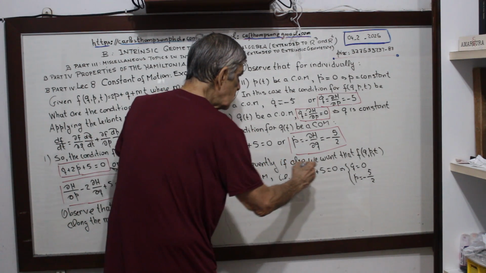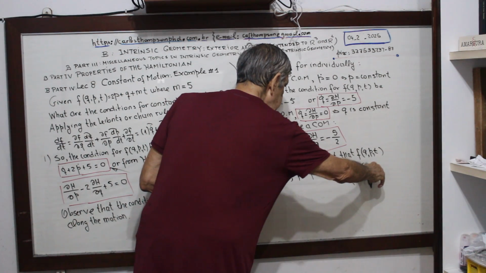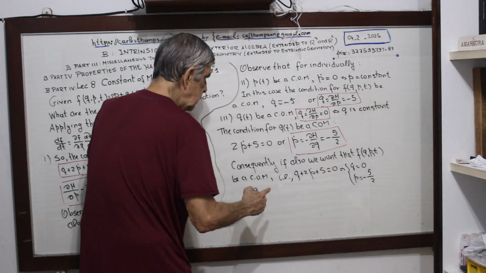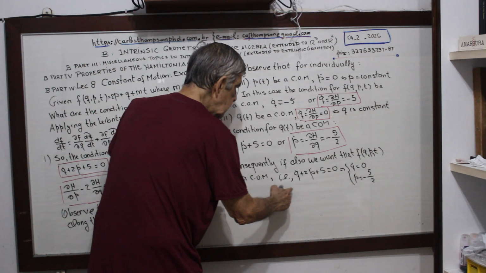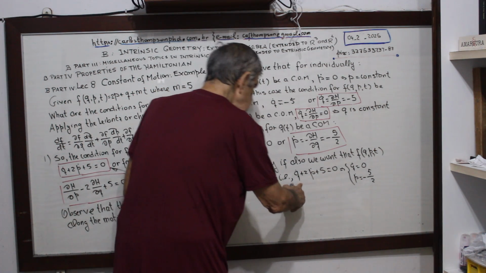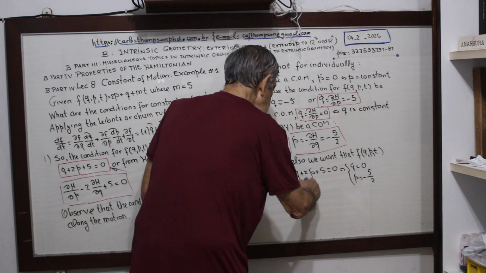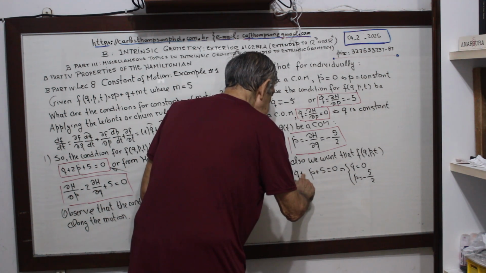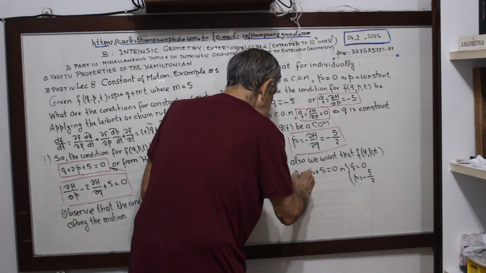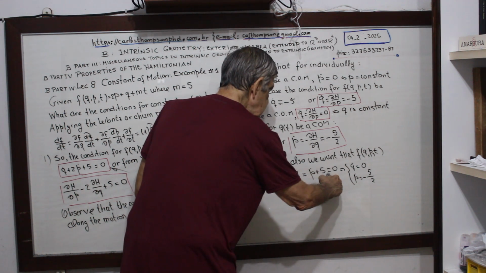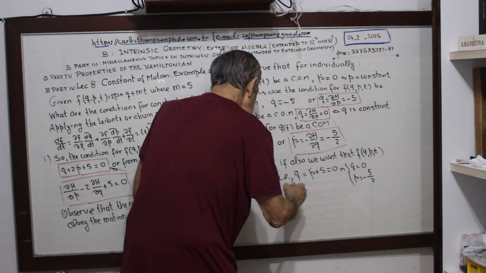Consequently, we also want f of q, p, and t to be a constant of motion. Then q dot is equal to 0 in this case.